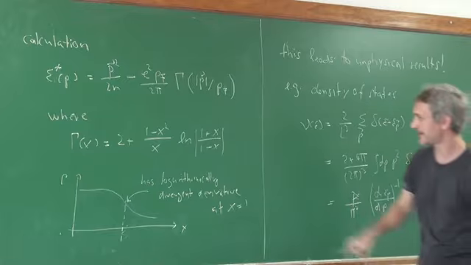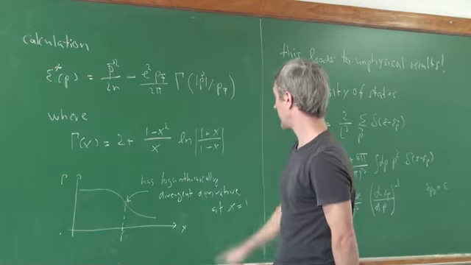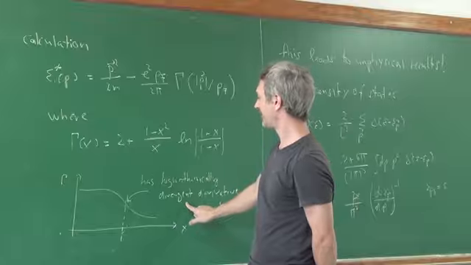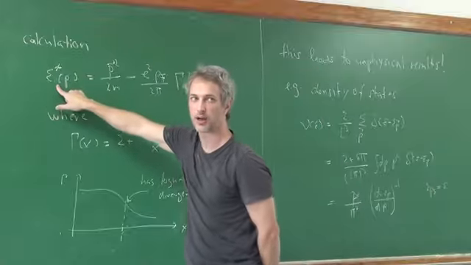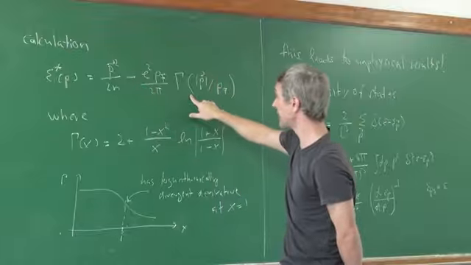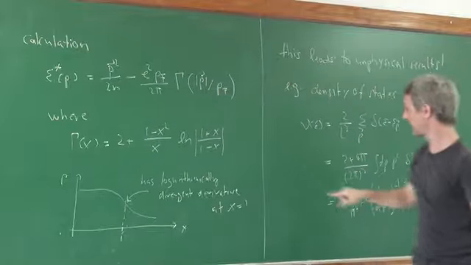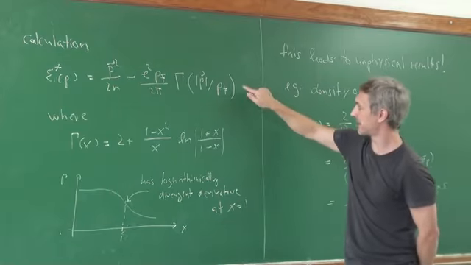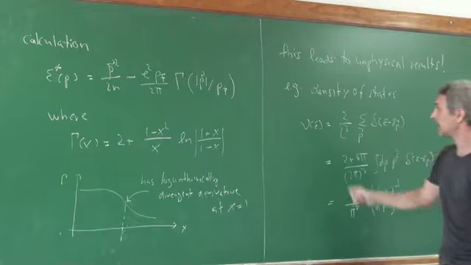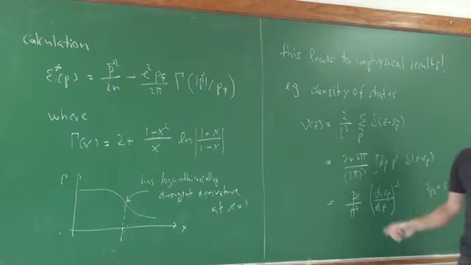Now what we said is that this function has a logarithmically divergent derivative, so the single particle energy has a logarithmically divergent derivative at the Fermi momentum. So the inverse just vanishes at the Fermi momentum. If you would take this divergence seriously, this would mean that the single particle density of states would vanish at the Fermi momentum.